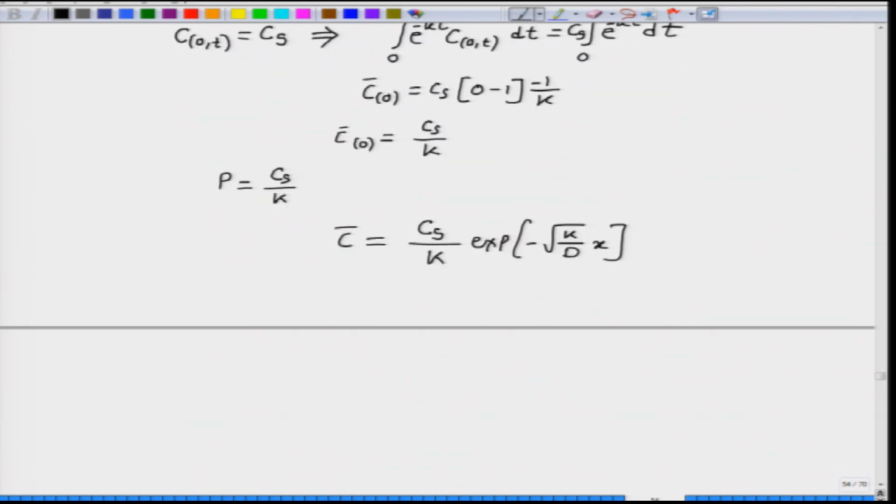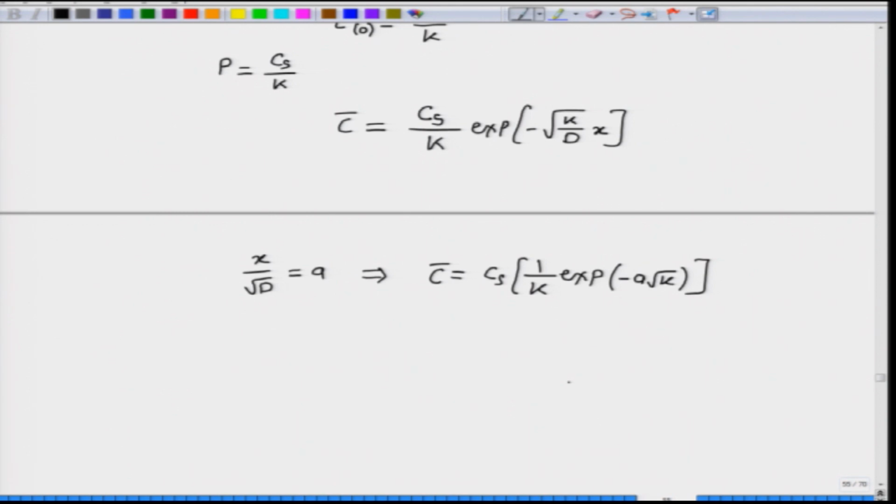So, now if we take x by root d as a, we can write C bar equal to C s times 1 over k exponential minus a root k, and this looks familiar, right.